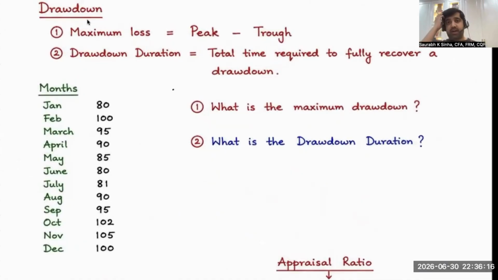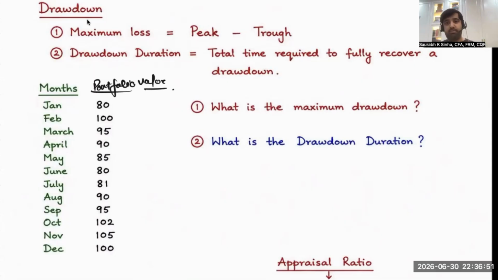Now we'll try to understand drawdown. In drawdown, we have to understand only two things: the maximum drawdown and the drawdown duration. Maximum drawdown in very simple terms is the peak value minus the trough value. Take these months and the portfolio values in these months. Can you identify a peak and a trough?